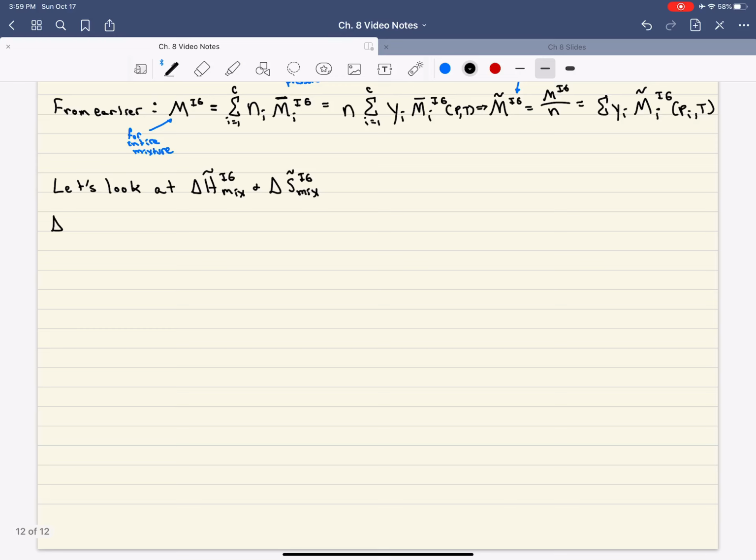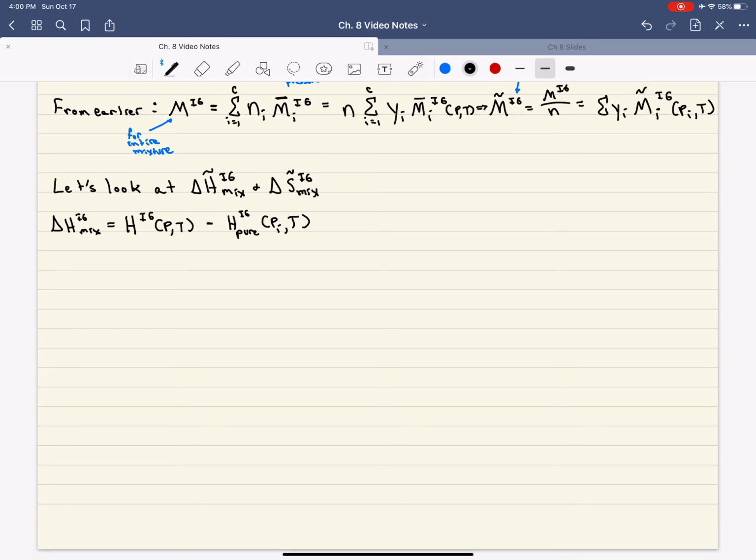So if we take a look at delta H mix of the ideal gas, we know from the definition of our delta mixes that that's going to be the difference between the actual value of the entire mixture minus the values of the pure components, where we're looking at Pi, T here, and for the entire mixture, we're looking at just the total pressure.